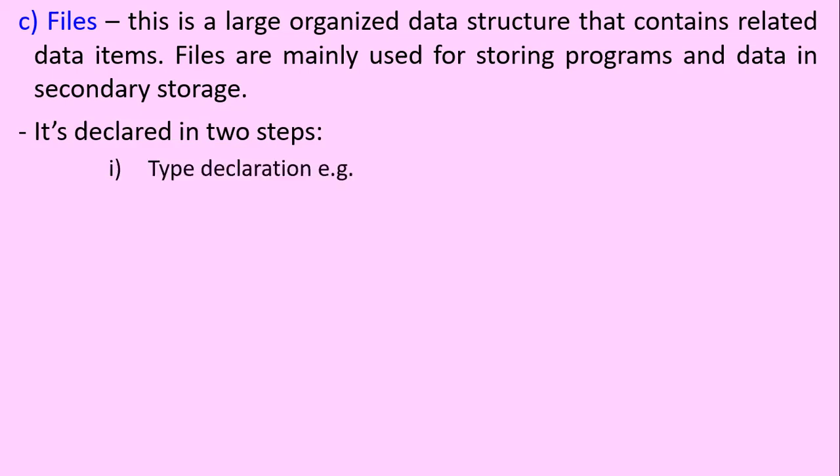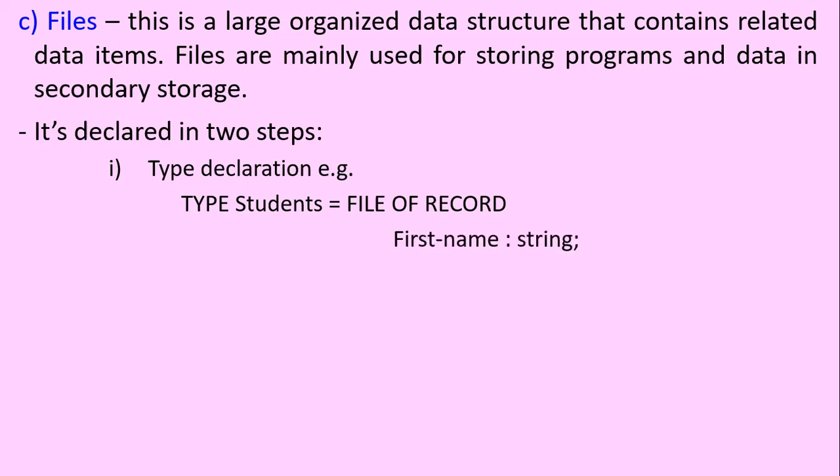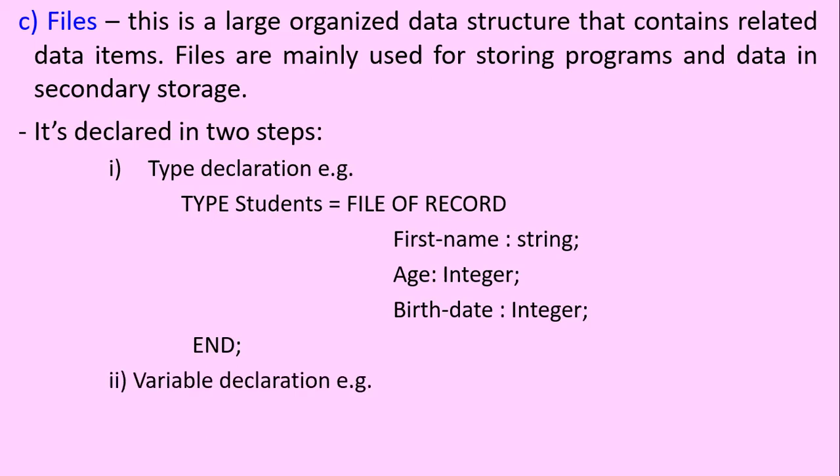The first step is to declare the type, so we call it type declaration. An example is type students is equal to file of record. Then under it, we have first name field, which is of type string, age of type integer, birth date of type integer. And then we end that declaration.